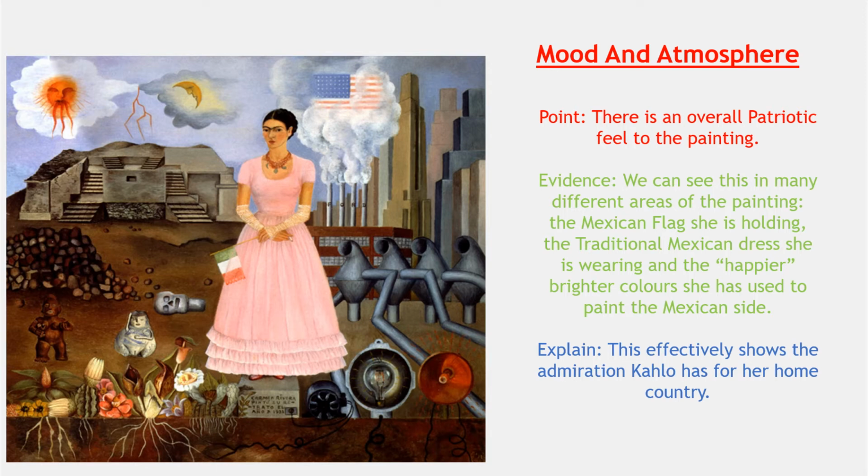Compared to the other side, where the colours are a lot darker and bland, and not really a lot going on over there in the USA side. So if we're talking about the effect, it's effective because it shows the admiration Frida Kahlo has for our home country.